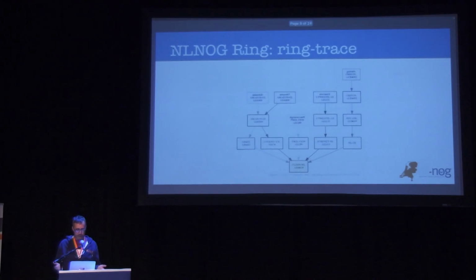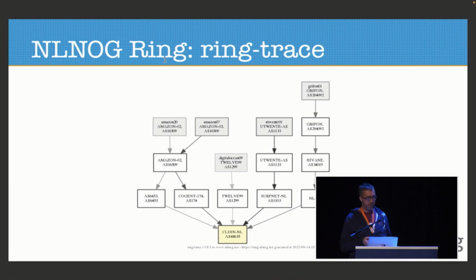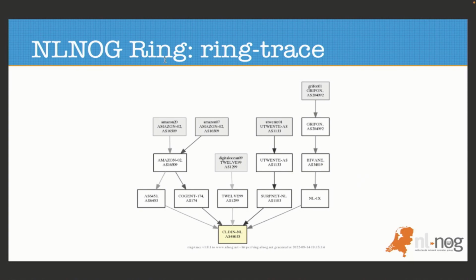And you get something like this, where you can see the NLNOG ring is hosted at the CLDIN network. There are 5 nodes which were used to do the traceroute from, and they have pretty different paths towards the network. One via AS1299, ServNet, and LAX.